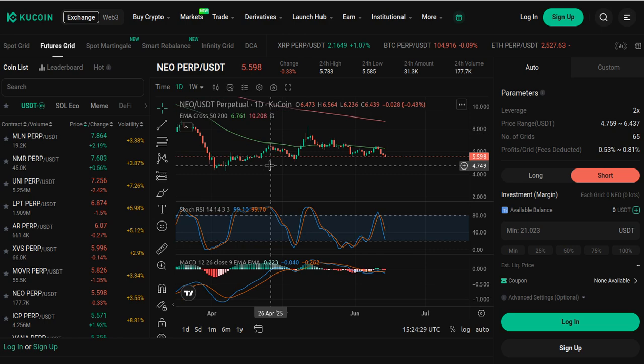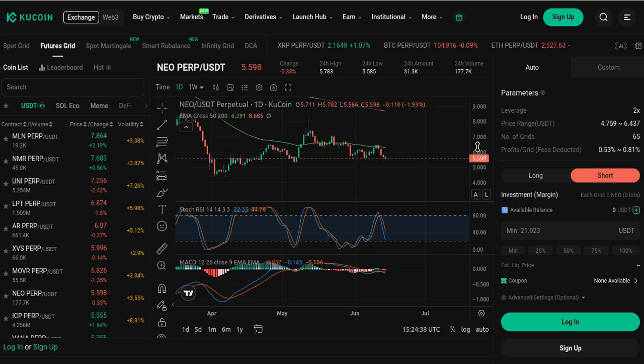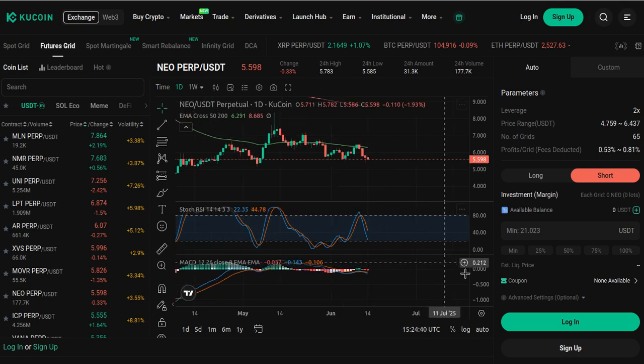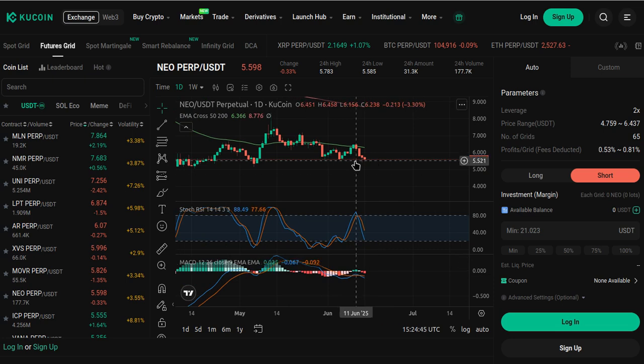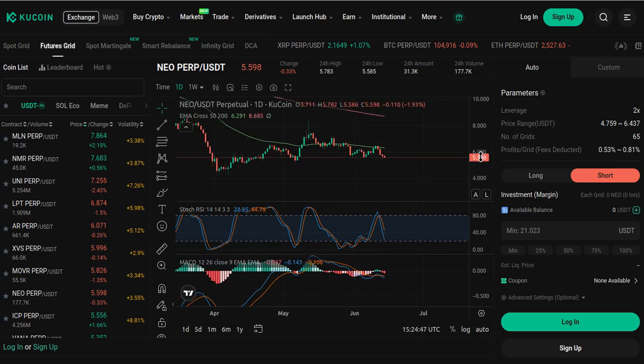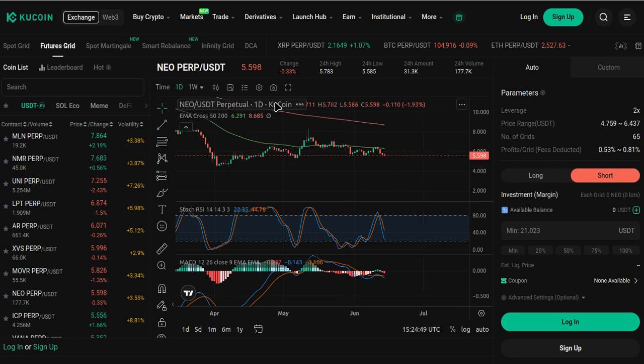It's valued at $5. Your minimum is $20 to get in. This is also another good one to trade. It has both moving averages.